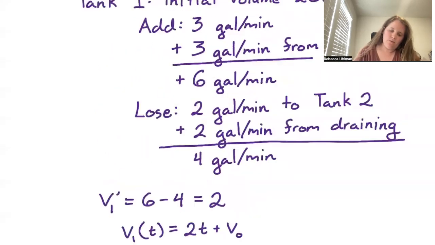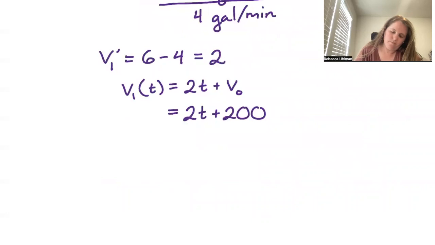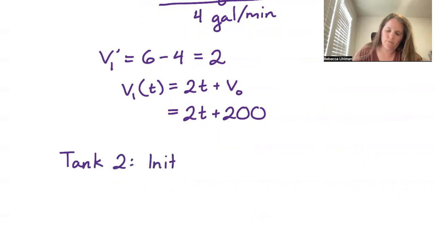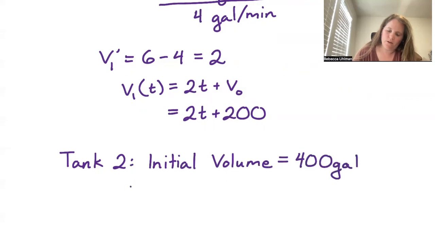For tank 2, we have an initial volume of 400 gallons. We add 4 gallons per minute from the external source.